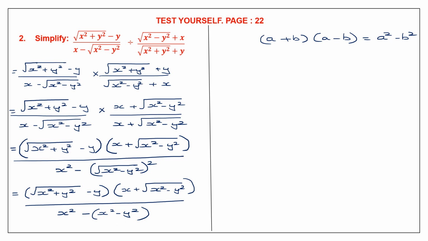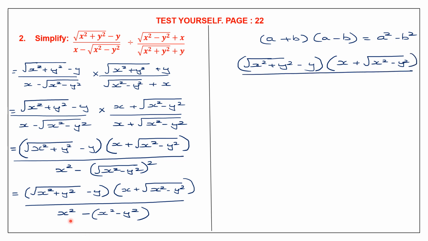Now let's simplify this further. So here in the numerator, we have the root of x square plus y square minus y. We have not changed the numerator, remember. And on the other side here, x plus the root of x square minus y square. And in the denominator, what do we have?